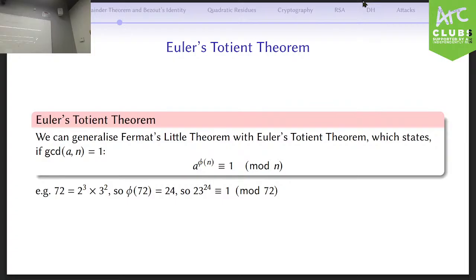Now, if you consider the totient of 72, just remember our formula earlier. 2^(3-1) times (2-1), times 3^(2-1) times (3-1), which is 2 squared times 1 times 3 times 2, which is 2 cubed.